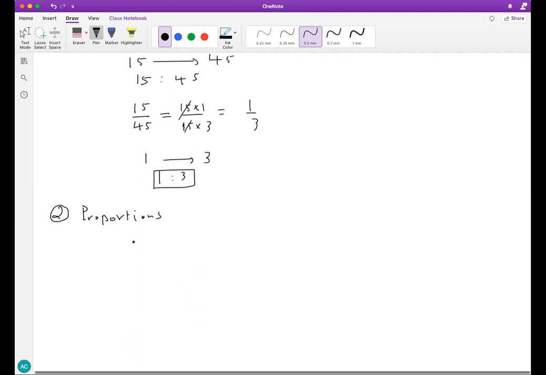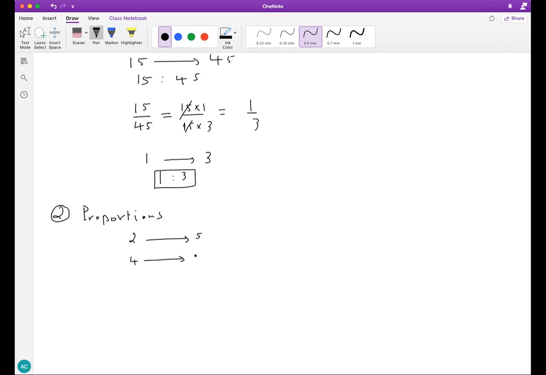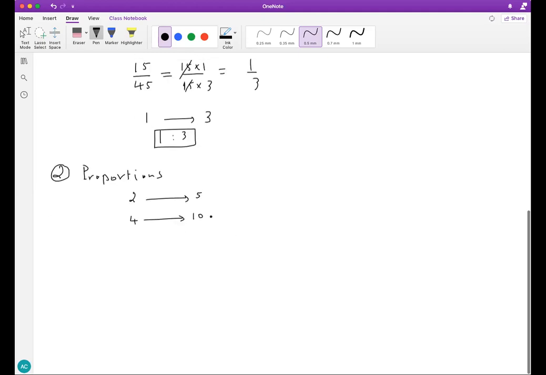Let's say 2 to 5. If 2 items, for example, cost $5, 4 items will cost, of course, what? 2 to 5? 10. 4 to 10, that's right. So we say 2 to 5 is the same as 4 to 10.